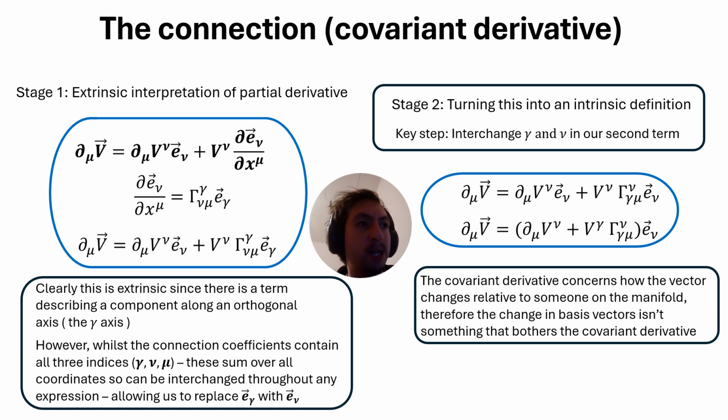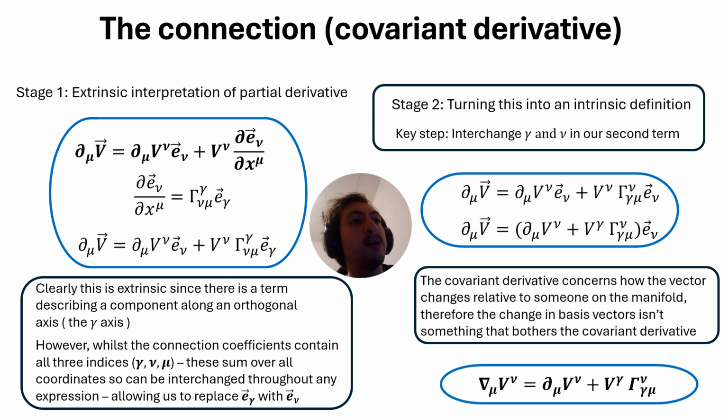That last way of doing it is a bit more woolly, but it does emphasise that the covariant derivative is concerned with how a vector changes in ways that depart from how it would just naturally change as it moved across the manifold. And we end up with this final expression for the covariant derivative of the components of a vector field. Well, we have just cancelled out the basis vectors.